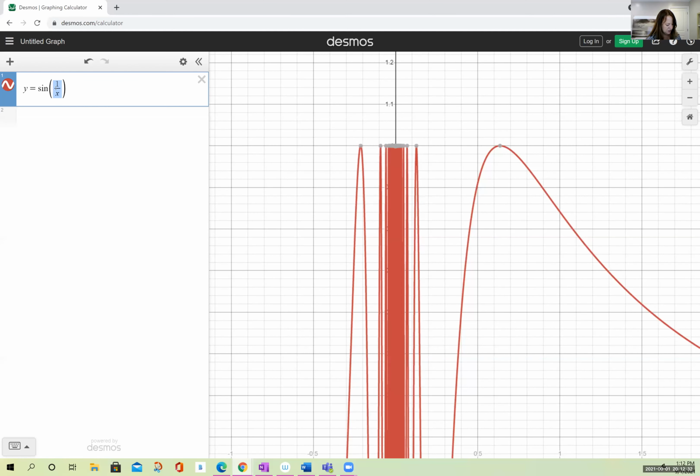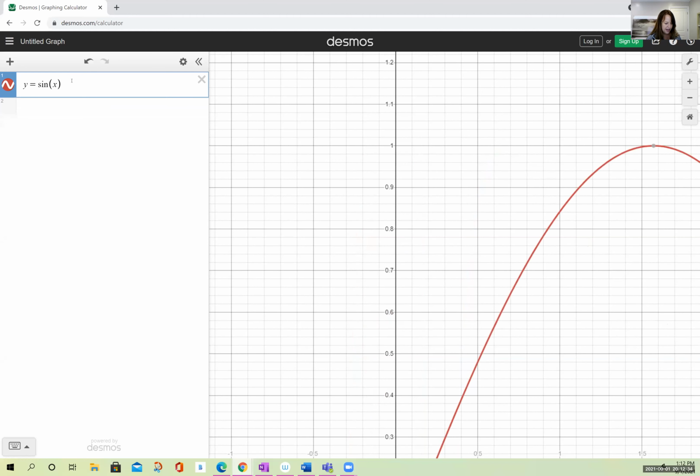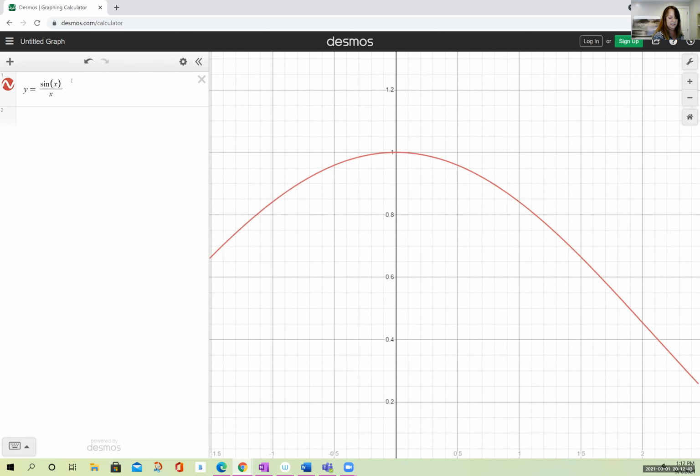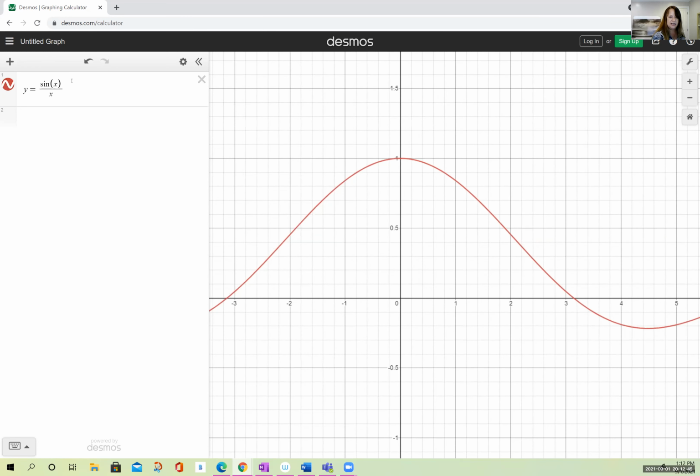So right now we're again using the fact that if we have sine of something all divided by that something, as the limit as x approaches zero, we're always going to get back one.